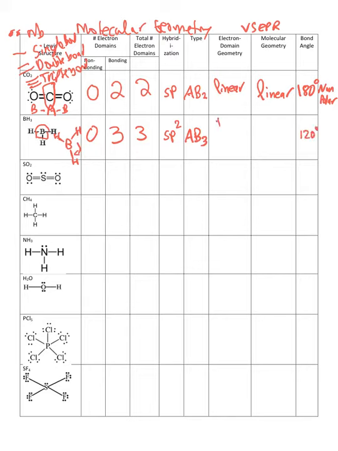That's an electron domain geometry we refer to as trigonal planar. All 4 atoms lie in the same plane, and there are 3 angles that are all identical, all 120 degrees. So the electron domain geometry in BH3 is trigonal planar. The molecular geometry is also trigonal planar. Those 2 will be the same if there are no non-bonding pairs of electrons on the central atom, and that's the case here.